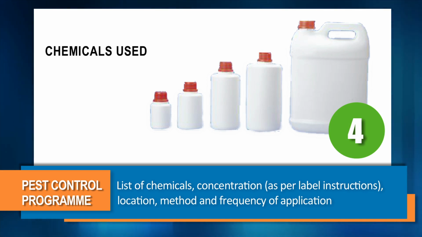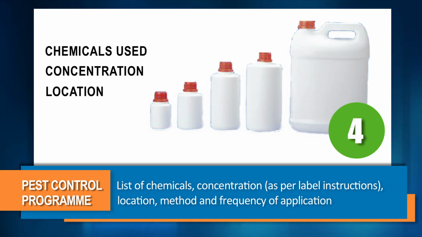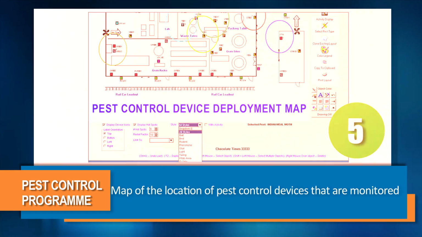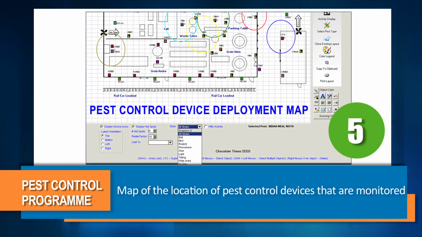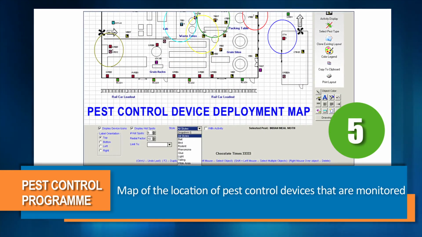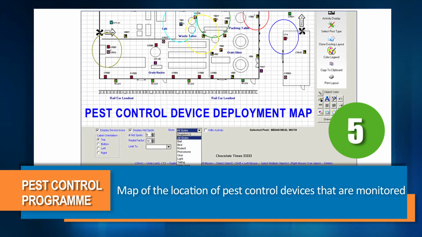The list of chemicals used, their concentration in accordance with label instructions, and the location, method, and frequency of application. A map of the location of the pest control devices that are monitored.